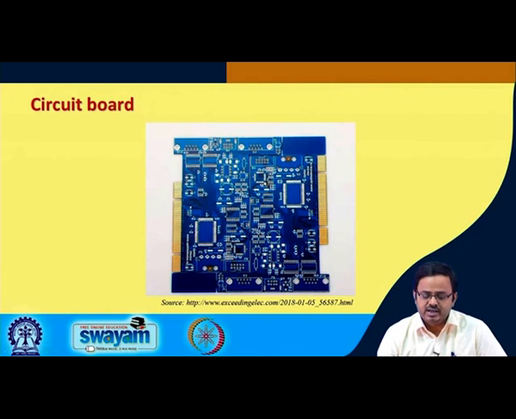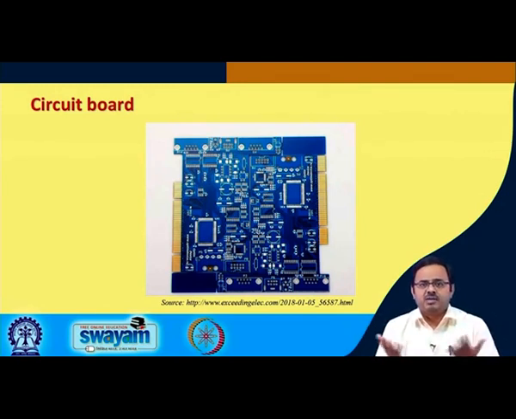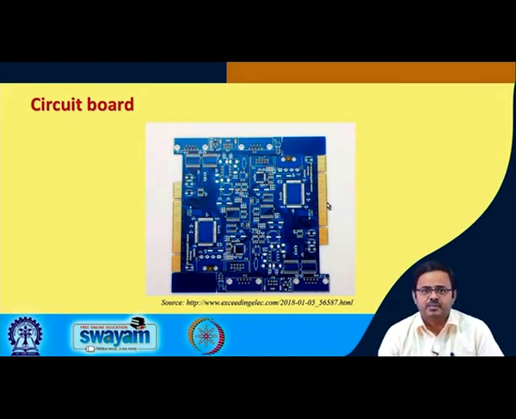One thing you can see immediately is that when we talk about a chip and a chip carrier, there are probably hundreds of interconnections, but what comes out of the circuit board is definitely a much lesser number. There is a lot of interconnection between the components, but finally what comes out or goes into the circuit board is a far lesser number of connections, and that is what you see here.